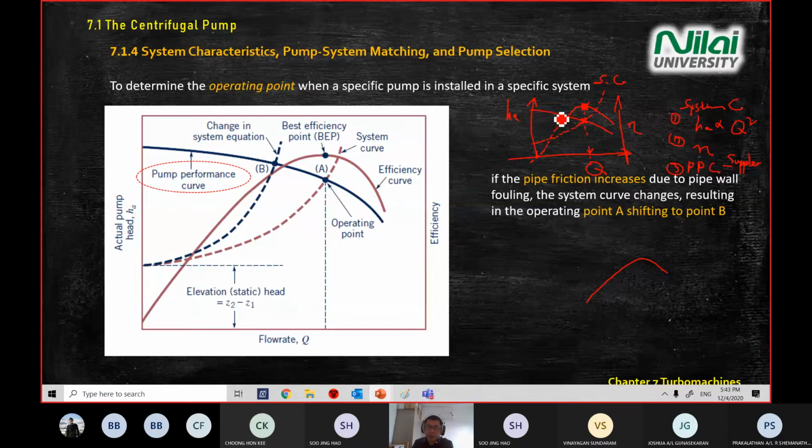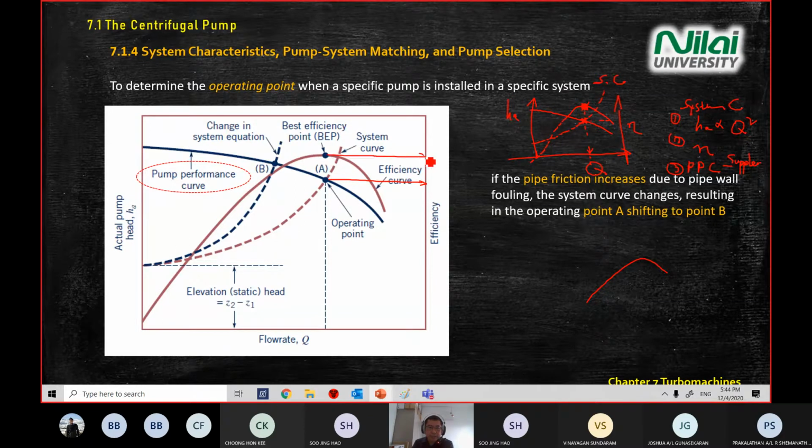This one is given by the supplier or the manufacturer of the pump. In this case, it will go through a certain point that intersects with the system curve. From there, we look at the actual head and the efficiency of the actual pump that operates in this case at A. You can look at the efficiency of the system that you design.